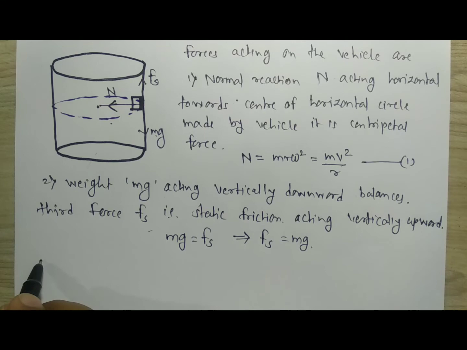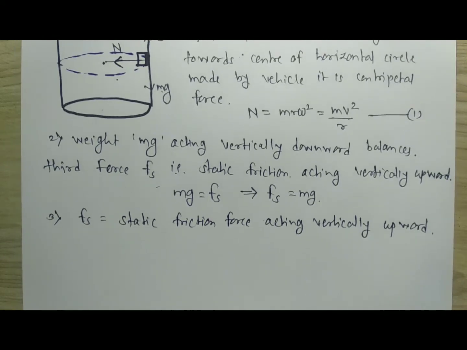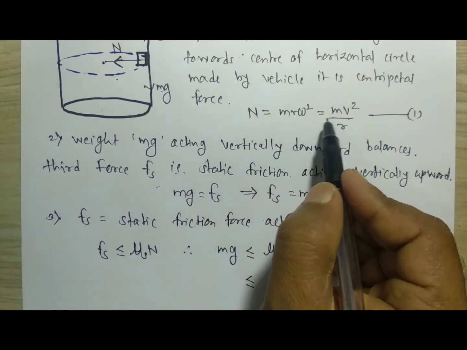This third force Fs is the static friction force acting vertically upward. Now let us consider Fs is less than or equal to mu s into N. Therefore mg is less than or equal to mu s into N, where N is the normal reaction, given as m v square divided by r.